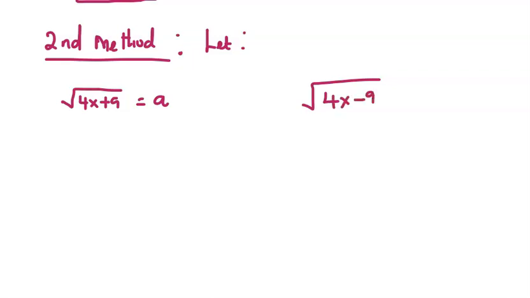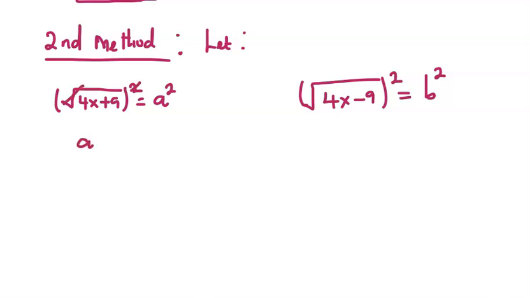So we're going to let the square root of 4x plus 9 equal a, and the square root of 4x minus 9 equal b. Let's square both sides.